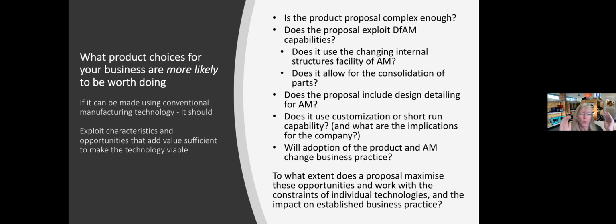Is there a way that you can ramp it in by working through critical parts? Or there are other things like ergonomic jigs, another really good way of bringing it into your production line and building that body of knowledge and acceptance. Then you can look at moving into end-use products once you've got that kind of body of knowledge there.